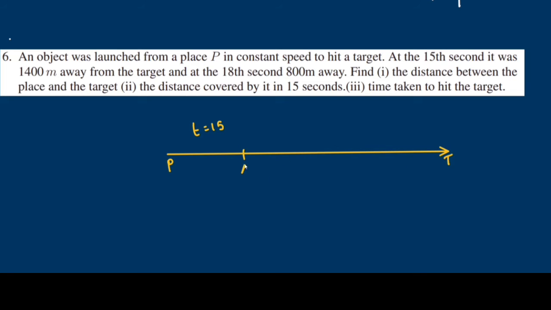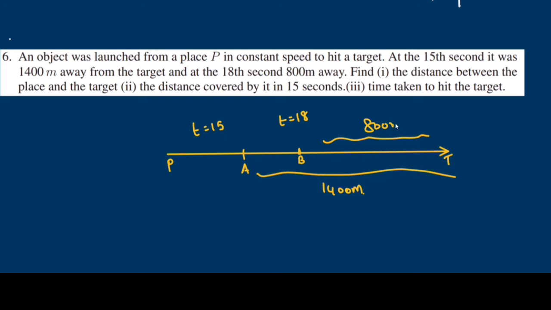Suppose you name this point as A. At 15 seconds, this distance is 1400 meters. At the 18th second, when t is 18, the target distance is 800 meters.